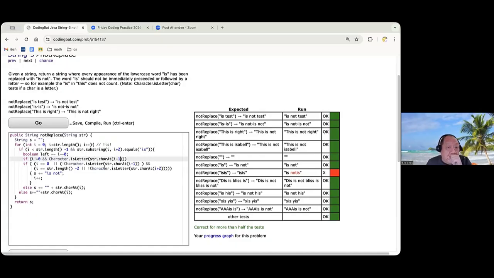The left side is not a letter if I equals 0. Or this.